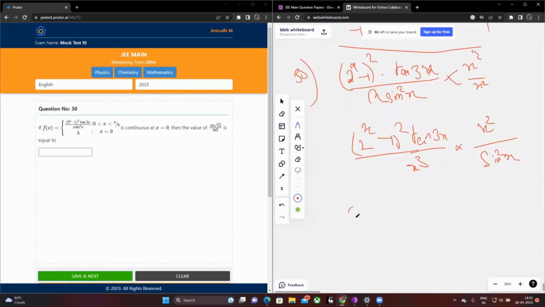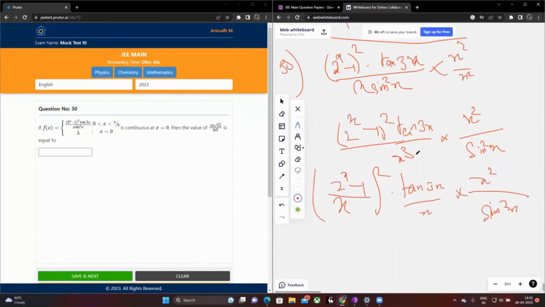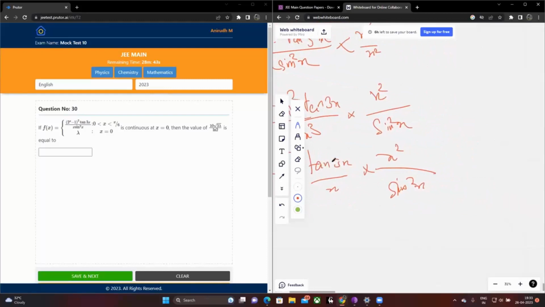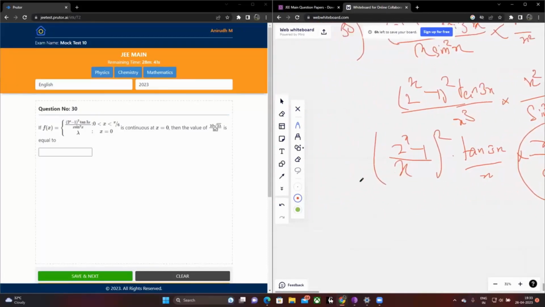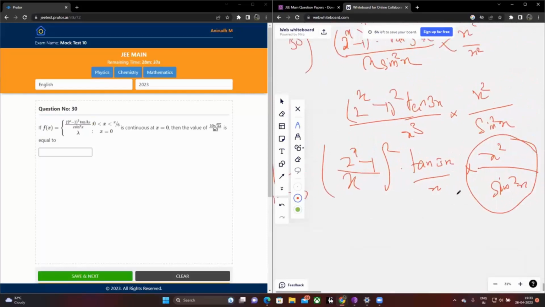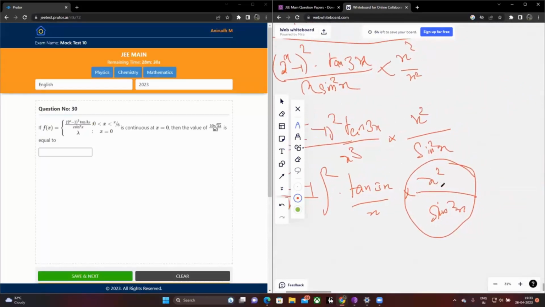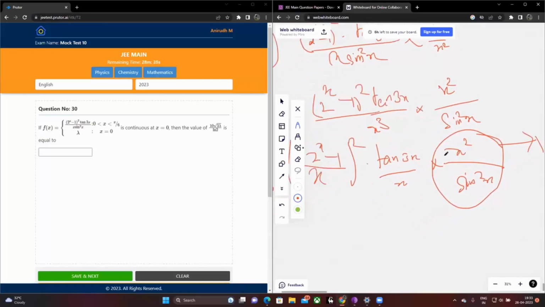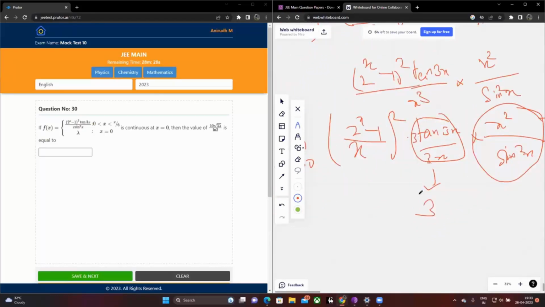Now this can further be split as (2 power x minus 1) divided by x, whole square, into tan 3x divided by 3x into 3, into x square by sin square x. Now applying the limit as x tends to 0, this tends to 1. This tends to 3, because tan x by x tends to 1. So tan 3x by 3x tends to 1, and 3 into 1 is 3, right?